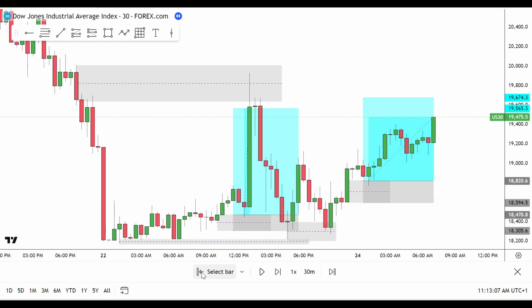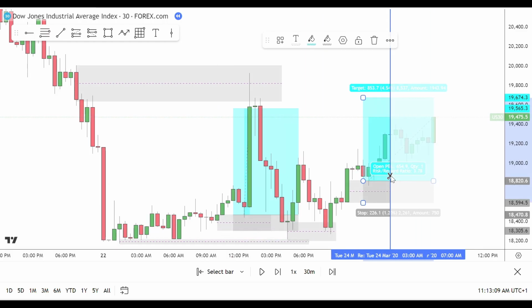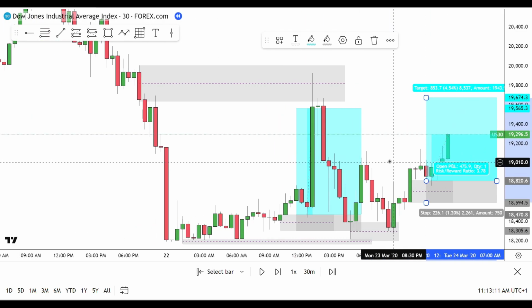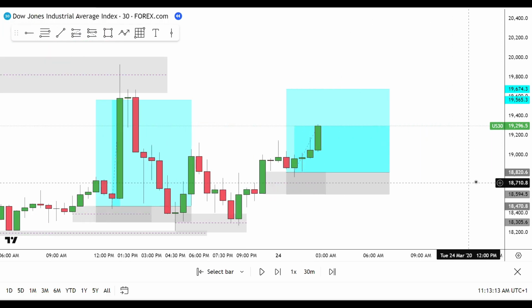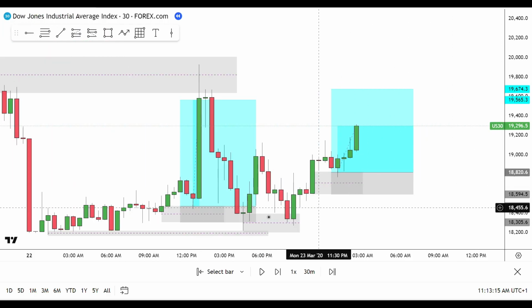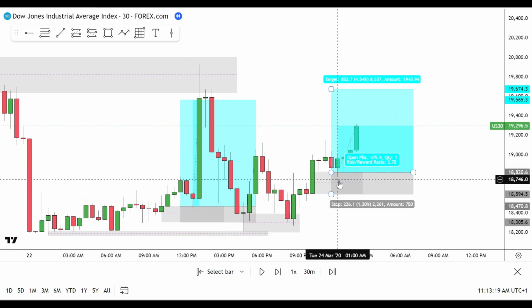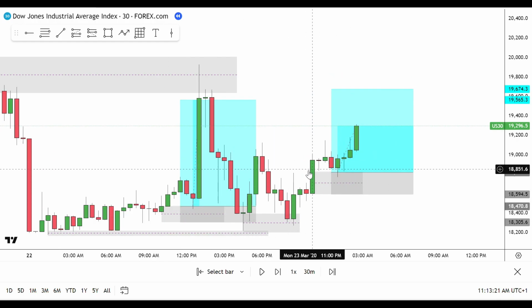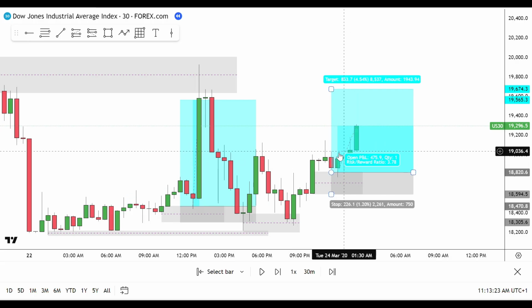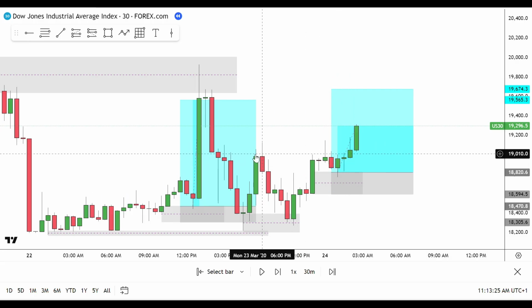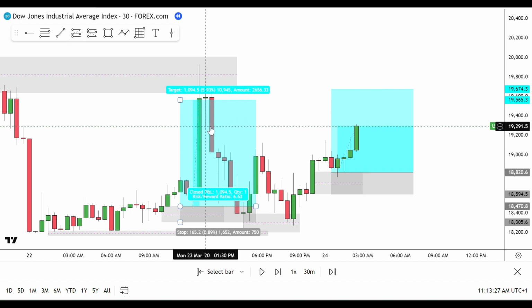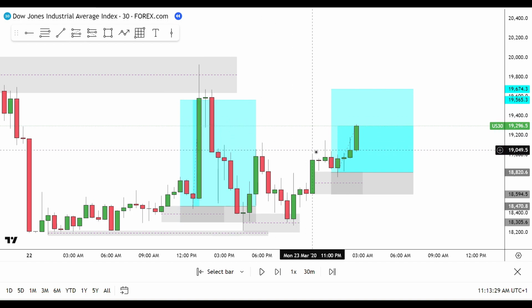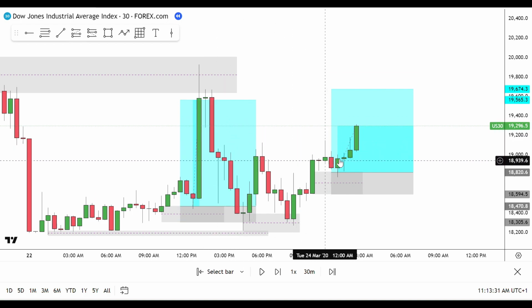Now let's just do a little exercise here. In relation to what we did here, you see that we also have price tap here, and then there was a little rejection. There were some suppliers trying to form, saying, oh yeah, we are still here because there was rejection here.